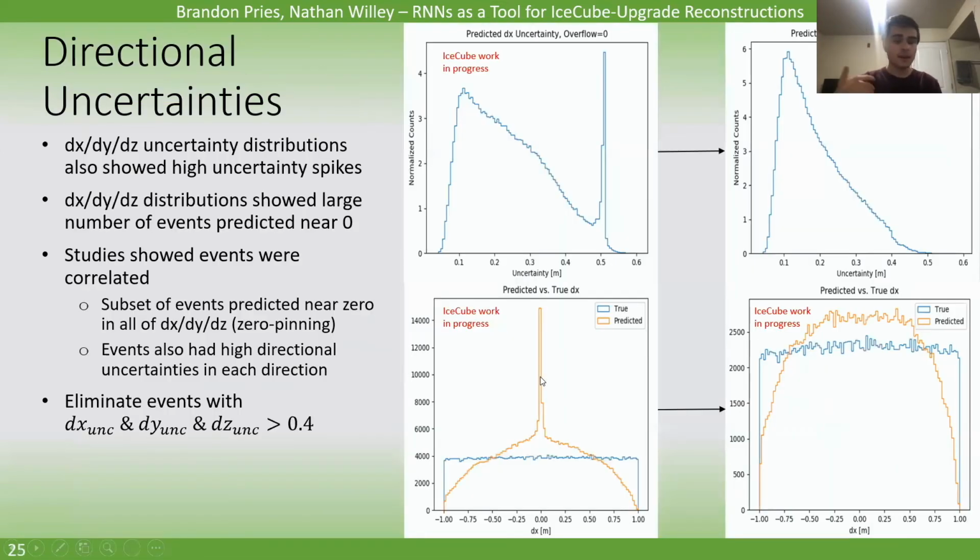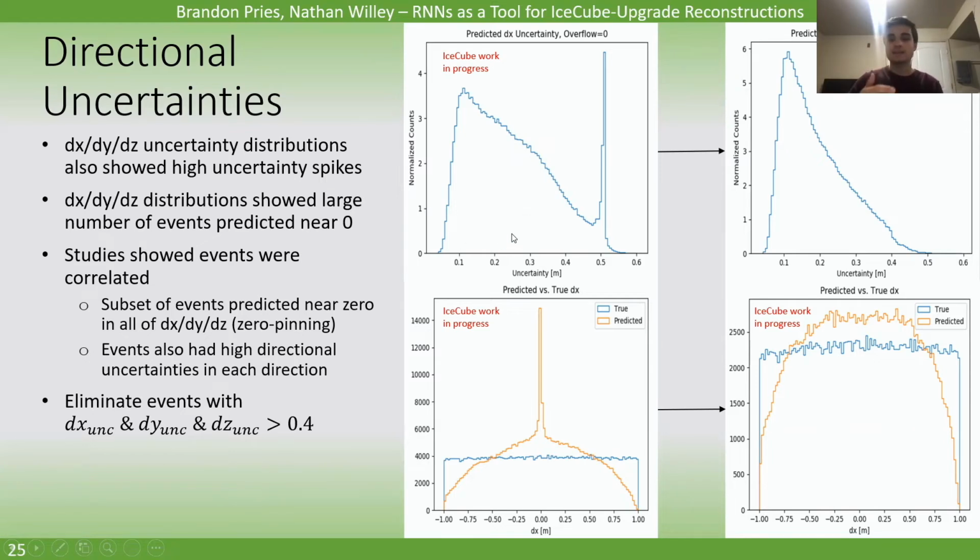And so the thought is, okay, this should be all of our non-reconstructible events. But doing some more digging into the results of the RNN, we found something else strange. This top left plot is showing the predicted uncertainty by the RNN in the x direction. We see that everything looks pretty normal around the lower values.